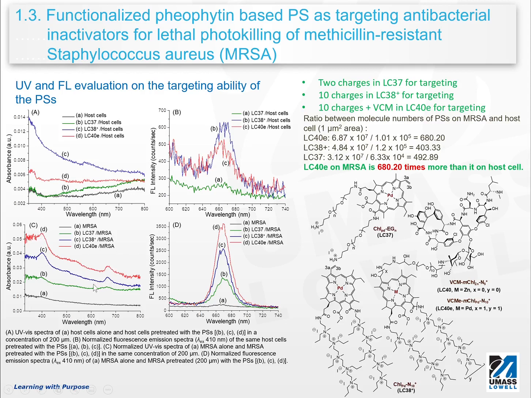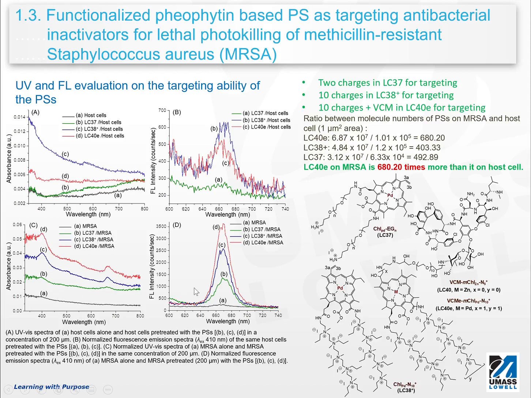ring are shown here, especially for LC40E and LC48. For LC48 plus, we observed a very obvious peak corresponding to the drug. So that means at least we have some observable drug attached on the MRSA cell.